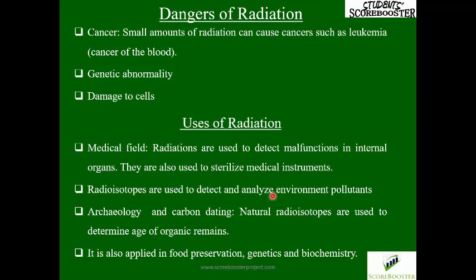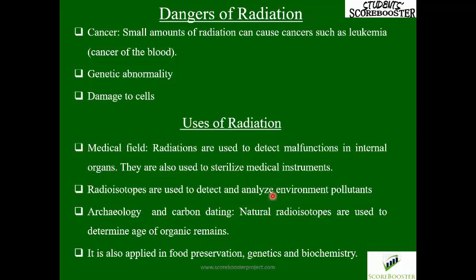Radioisotopes are used to analyze pollutants, that is environmental science. Archaeological studies use it if you want to detect the age of a particular organic remain. Let's assume that historically they tell us that something happened 400 years ago, 300 years ago. How do they know? It is an application of radiation.